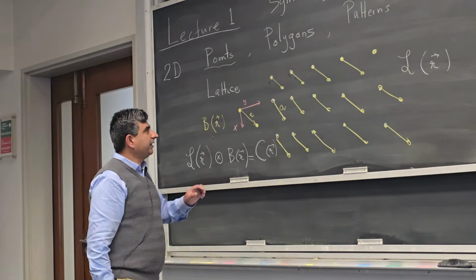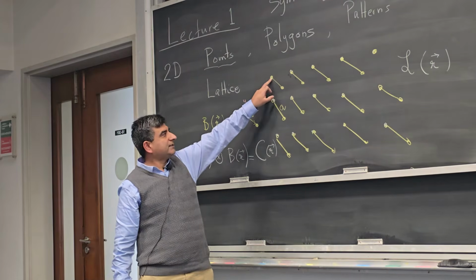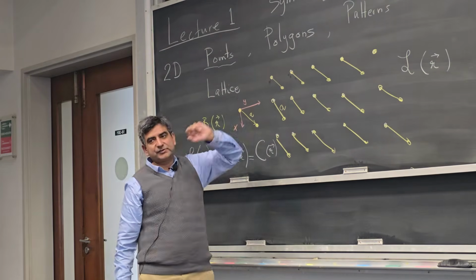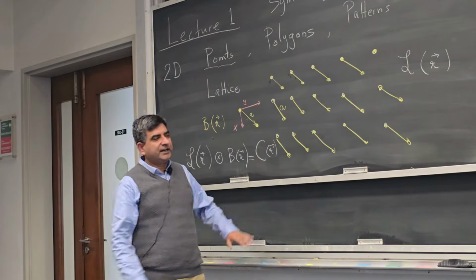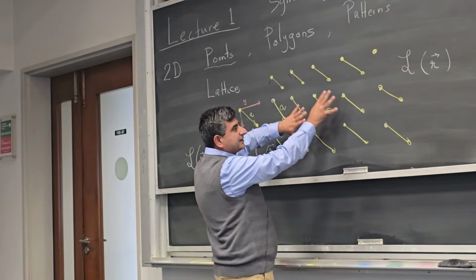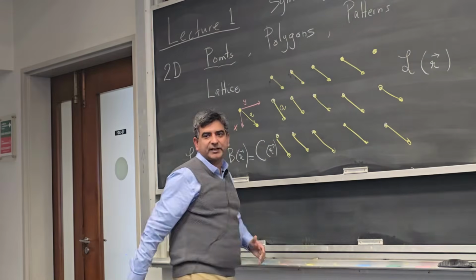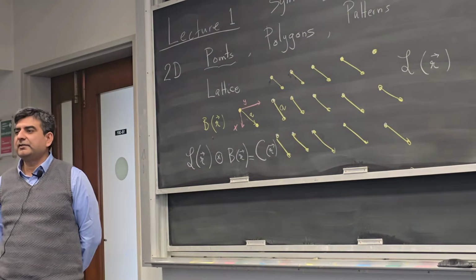So instead of placing this motif on the lattice point, you could place this motif such that the center between these atoms coincides with the lattice point. You'll get the same crystal structure again. So you can displace the entire structure by some unit in any direction, and you will still get the same crystal structure. This is the translational invariance inside this crystal structure.